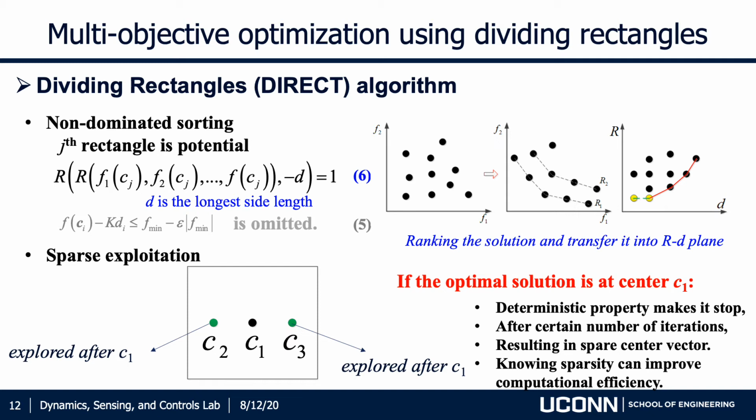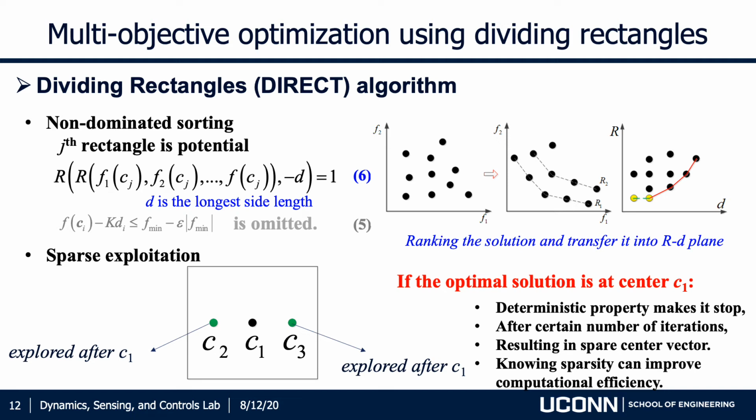In this development, the condition in equation 5 of the third step can be omitted due to condition 6. As shown in the third picture, the yellow solid circles have the same rank, but the left one has smaller d, so the left one will be ignored, and the right one will be archived as the Pareto front.